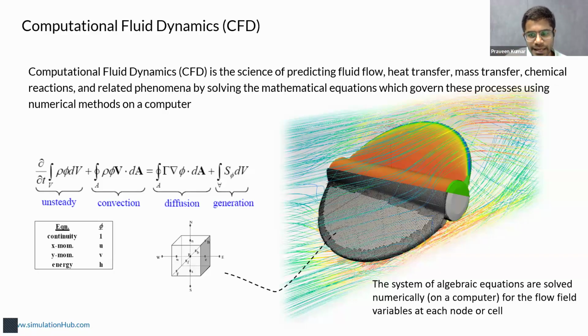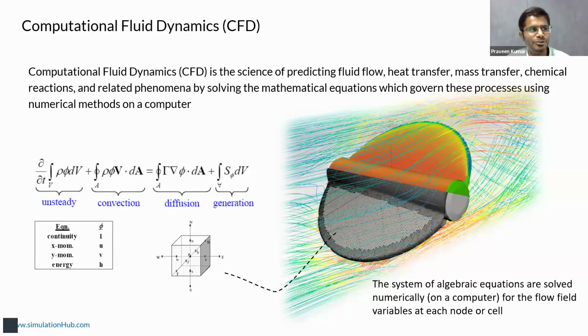You need to extract the fluid volume and then discretize the fluid geometry into standard shapes called cells, like here. Then the governing equations are solved in those mesh cells in a discretized way, using a numerical method.